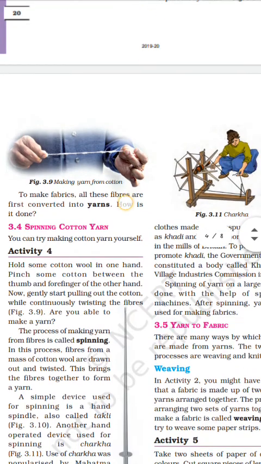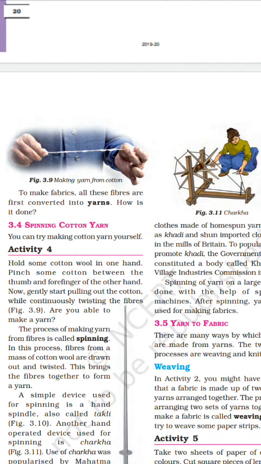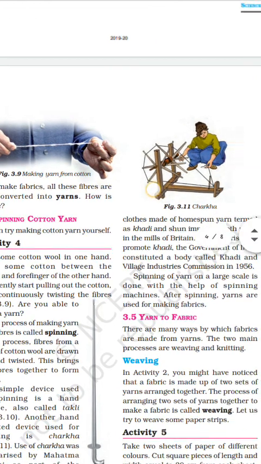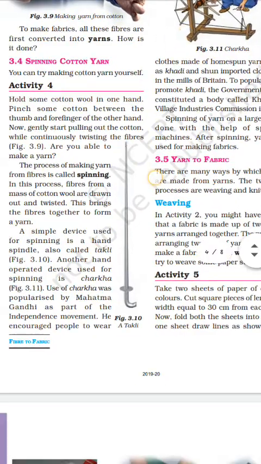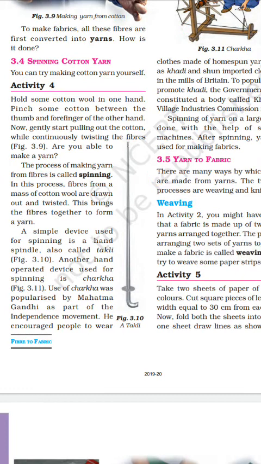Now how is the spinning of cotton yarn done? You can see the charkha here. The process of making yarn from fiber is called spinning. What is spinning? You have made the fiber into yarn.